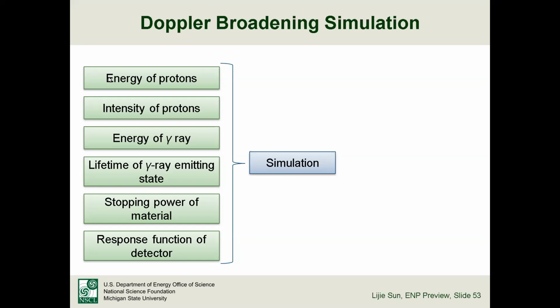In this case, the literature values for the first 4 inputs are already well measured, and the stopping power can be quantified using the code STREAM. Another input is the response function, by fitting the previously mentioned unbroadened beta-gamma-ray peaks with the EMG function, we can characterize the parameters in the EMG function.